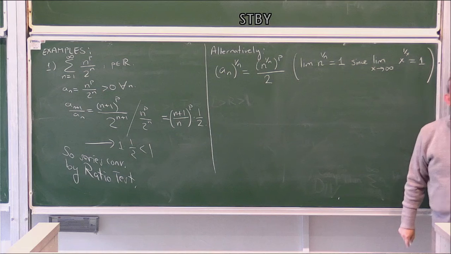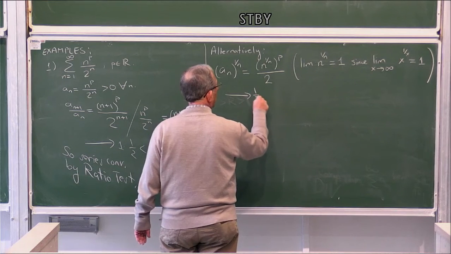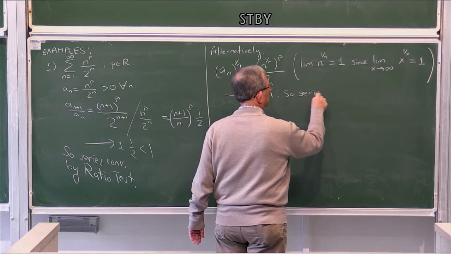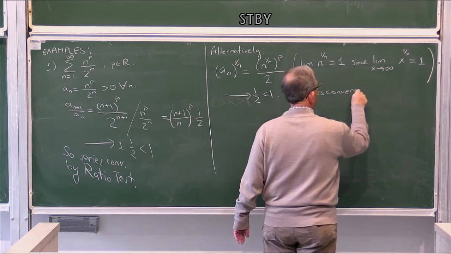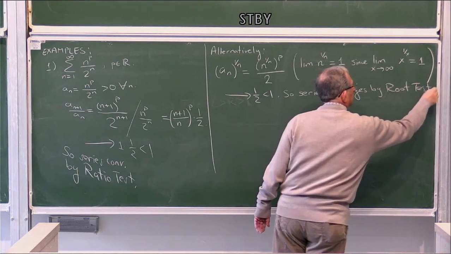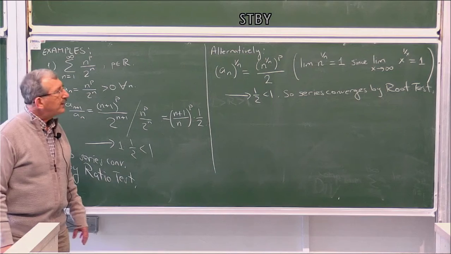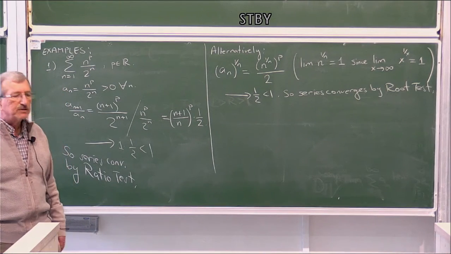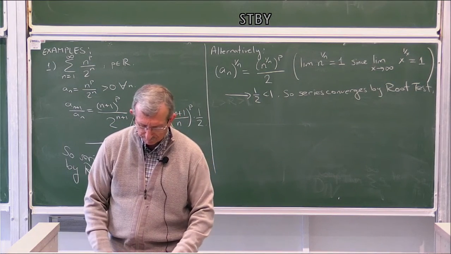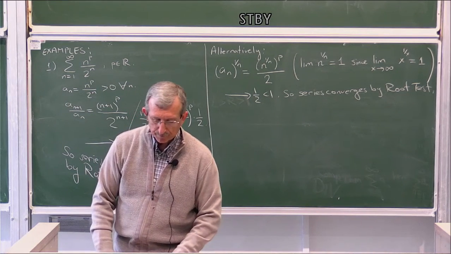You can check this. So this goes to 1/2, less than 1. So the series converges by the root test. So this example vaguely shows that the root and ratio tests more or less give the same result. Actually, except for a few peculiar examples, they always give the same result.